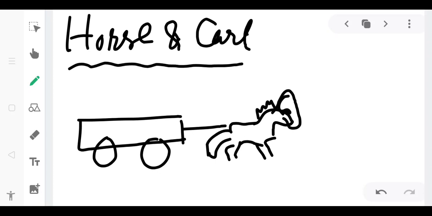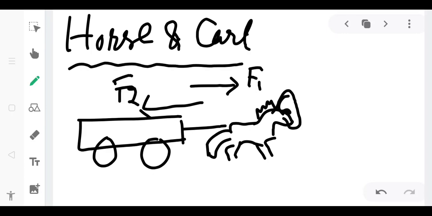Okay, so when the horse is pulling, let us suppose a horse is applying a force F1 in the forward direction. According to Newton's third law, there will be a backward force applied on the horse, an equal and opposite force F2, let us suppose.